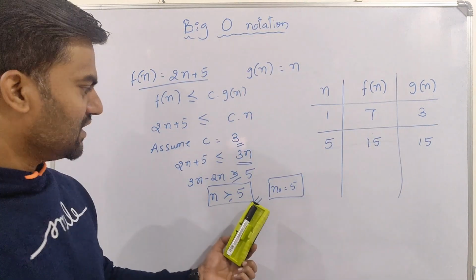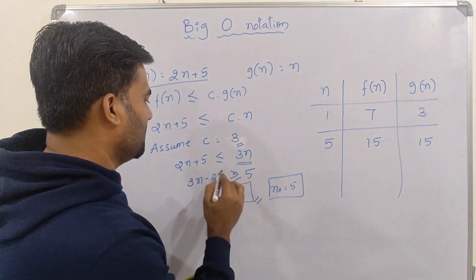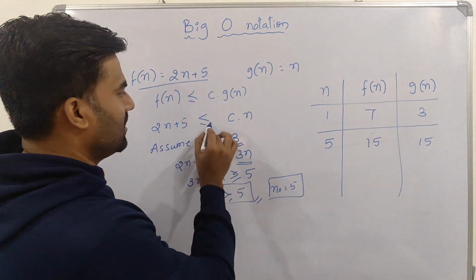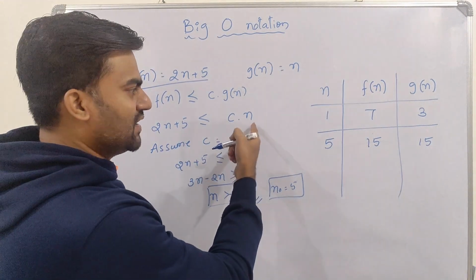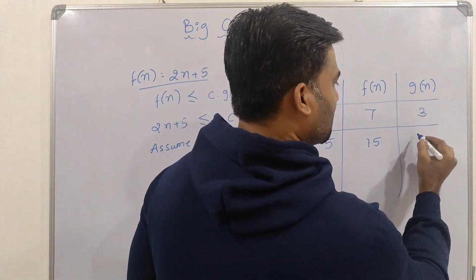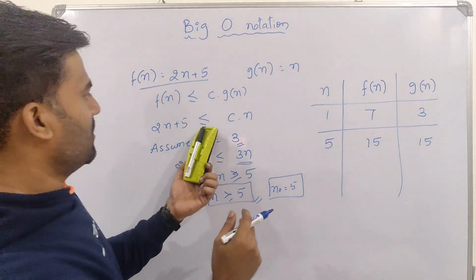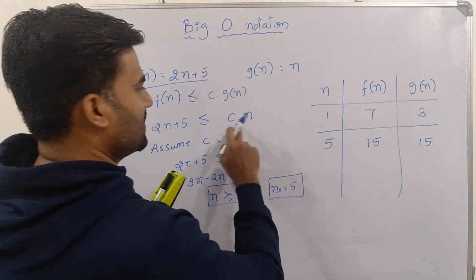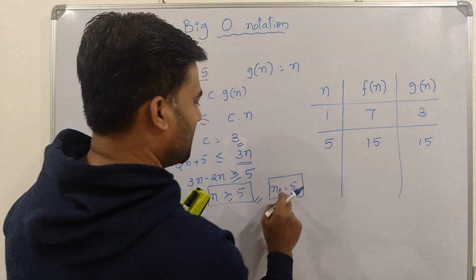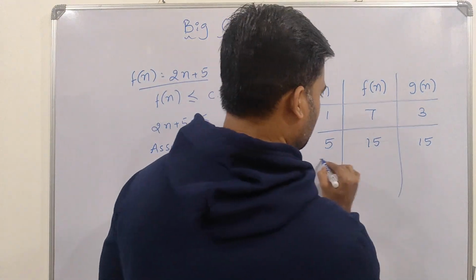So we also learned here that at n naught equal to 5, this particular function becomes less than or equal to cn. This value became equivalent to cn when n naught is 5.